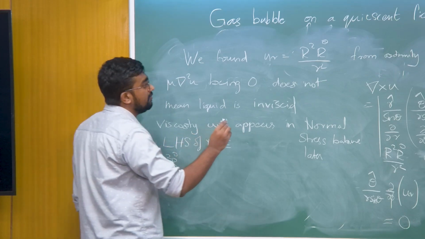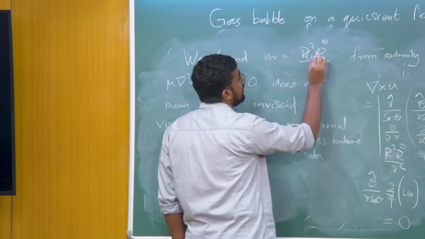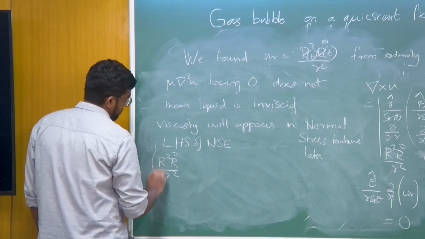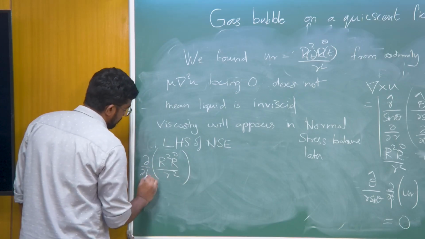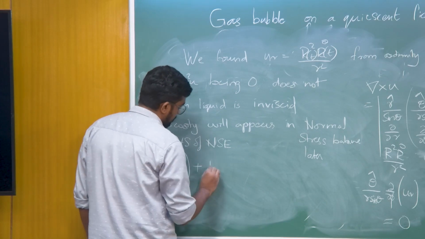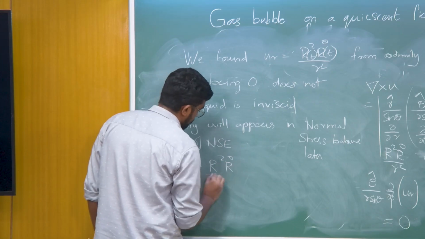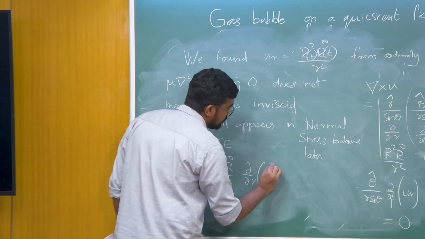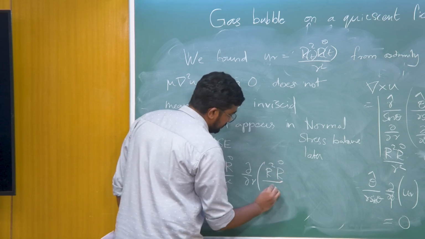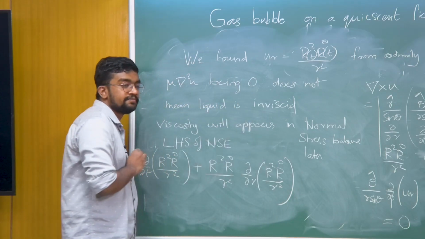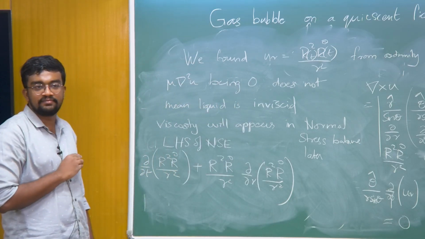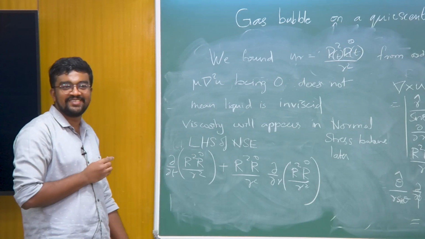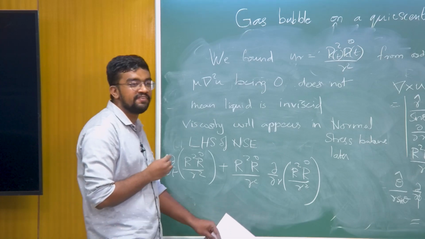Do not forget that capital R is a function of time. Dou by dou r of R square R dot by small r square. Solve.